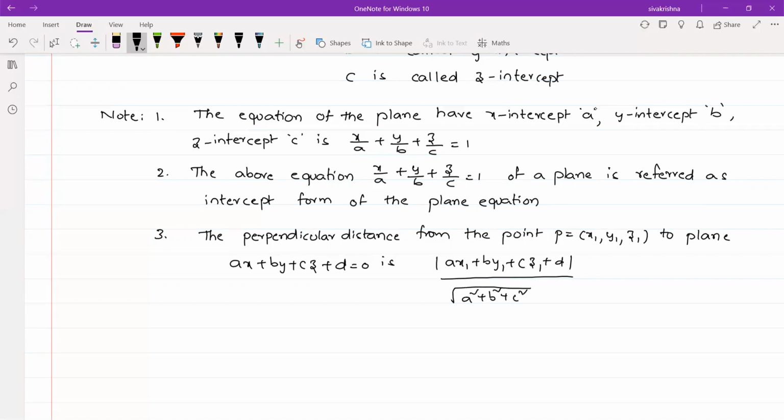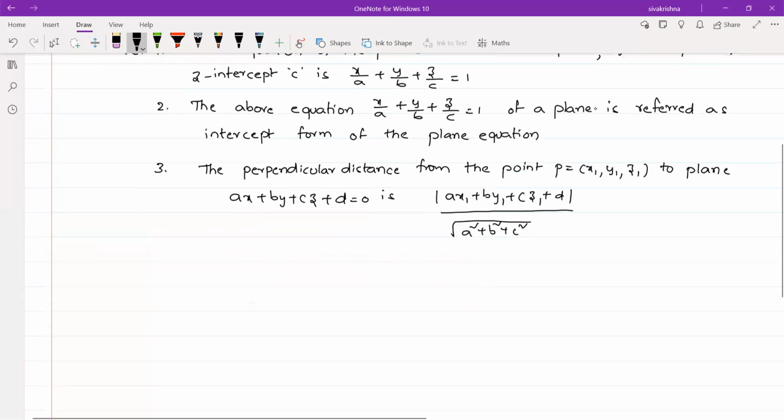So based on these note points and the definition, now I am going to solve two problems. So coming to the first problem, write down the first problem.